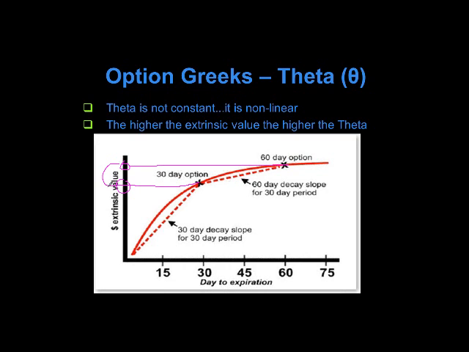But in the last 30 days, that value goes all the way down to zero. I'm losing that much right there, all right? That's a lot of money to lose compared to just this little amount right here, all right? So what that says is the last 30 days, that's where all of the theta decay happens. In fact, in the last 15 days, right here, is where over 50 to 60% of the option decays.